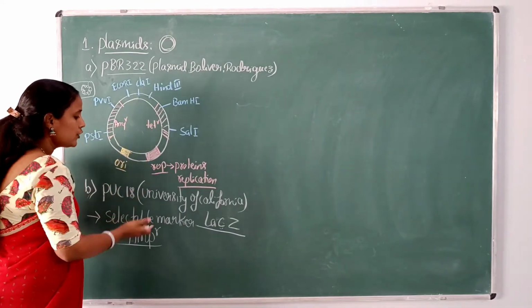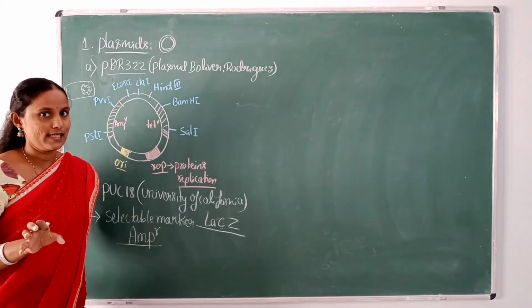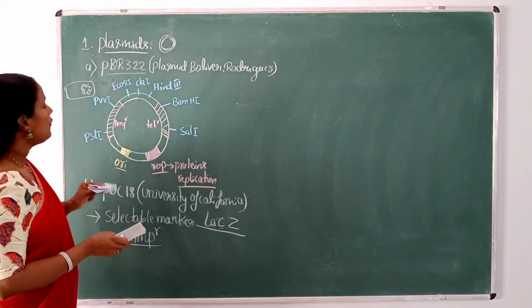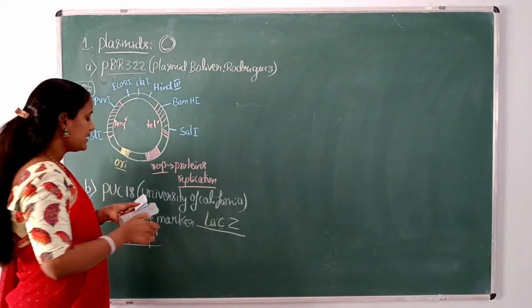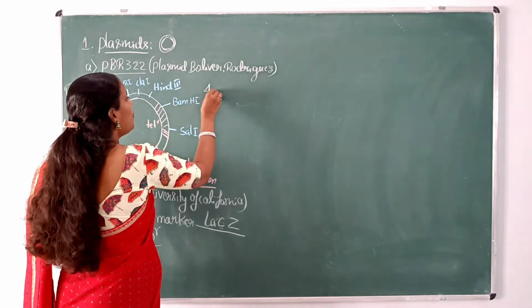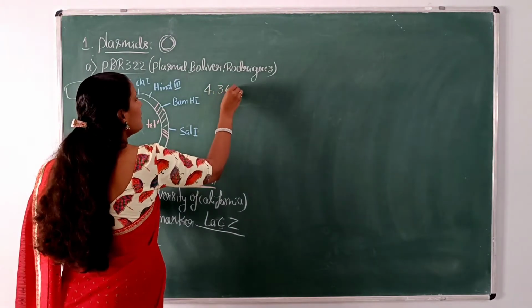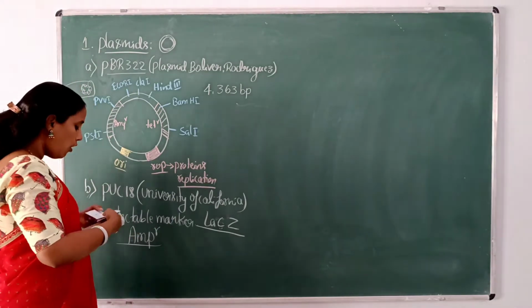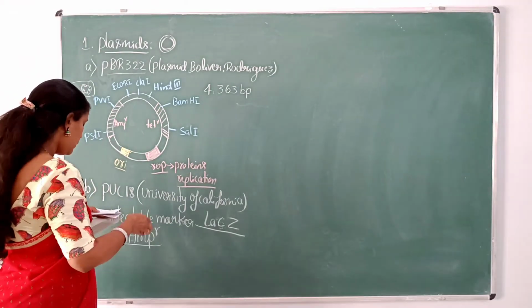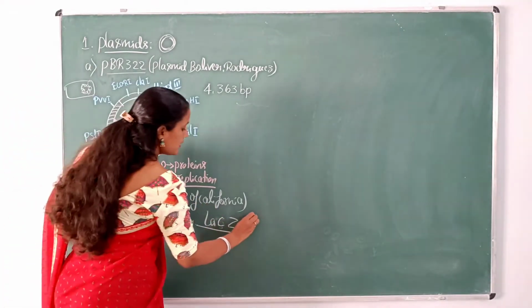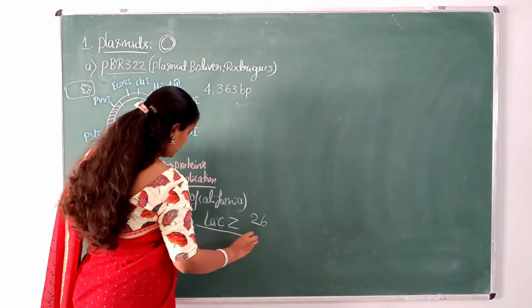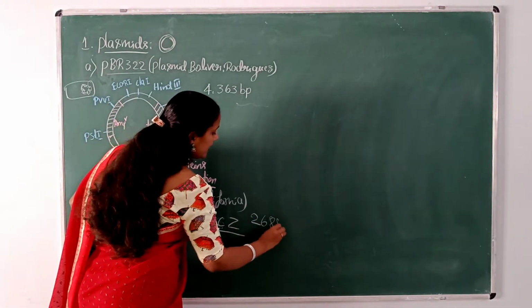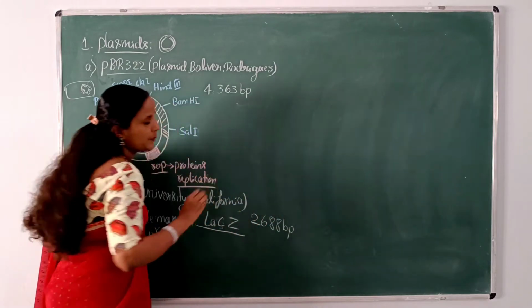These two also have different sizes. The size of pBR322 is about 4363 base pairs, and that of pUC18 is quite little, 2688 base pairs.